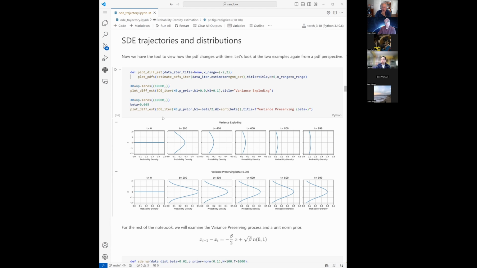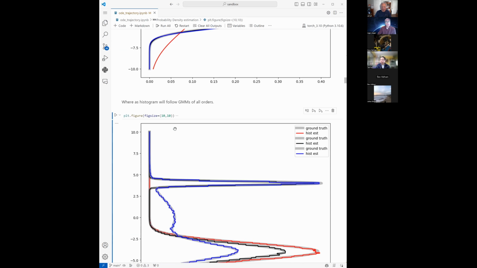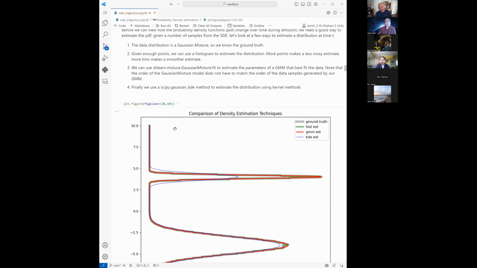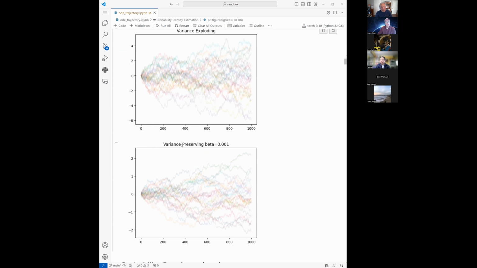So what are you estimating now? This is the same as these two up here, but instead of time going across and us doing just stochastic traces, I'm running a larger number of trajectories than I could plot this way, and then at each time, like 200, running an estimate of what the distribution looks like at that point for the trajectories going through there.